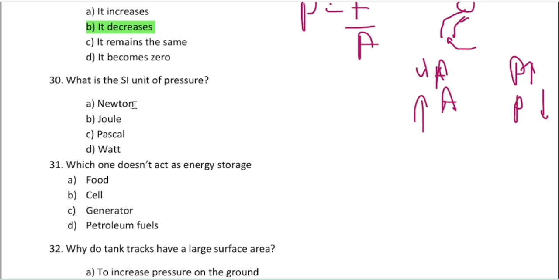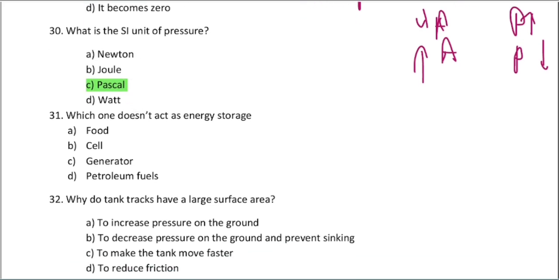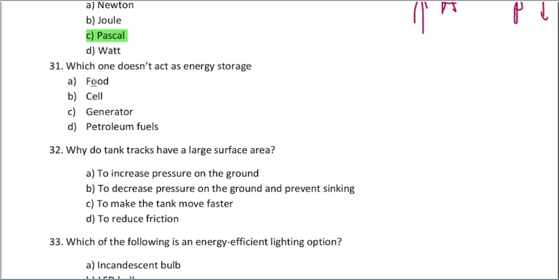What is the SI unit of pressure? It's pascal, right? Which one doesn't act as an energy storage? Storage is not a source or a translating one. How about the generator? Generator is just a transfer.